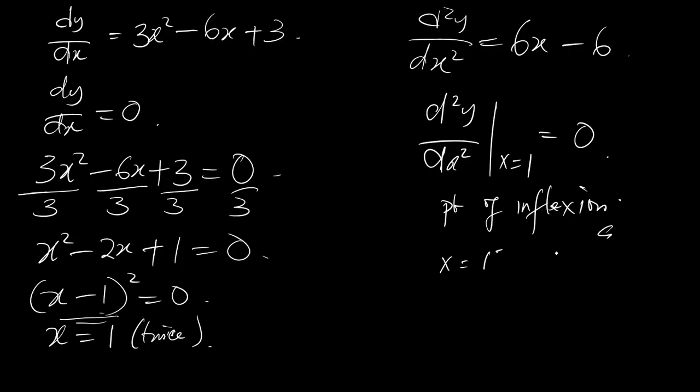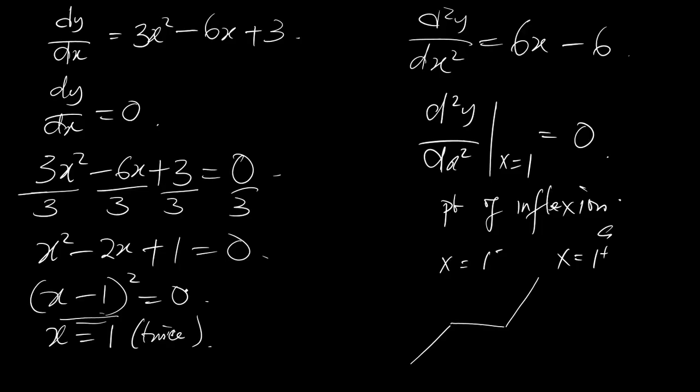Now, if you put x equal to 1.1, it will still give you a positive value. So that means dy dx at this point increases. It has a slope up like this at this stationary point. On the other side of 1, you also have a slope that goes up. So this is positive.